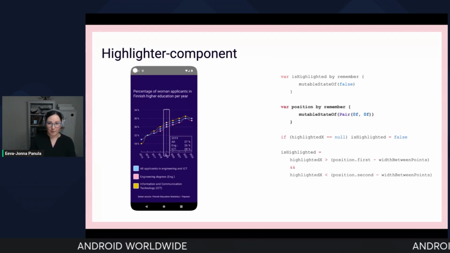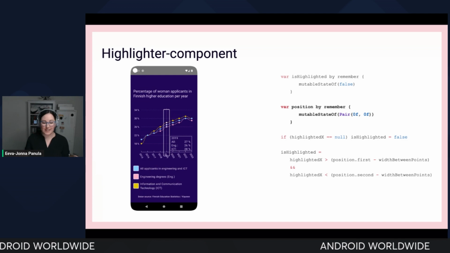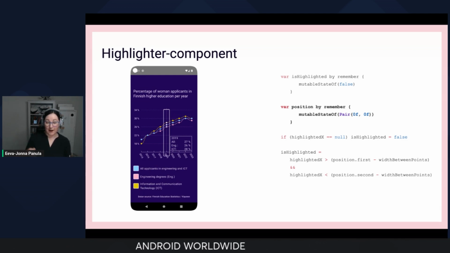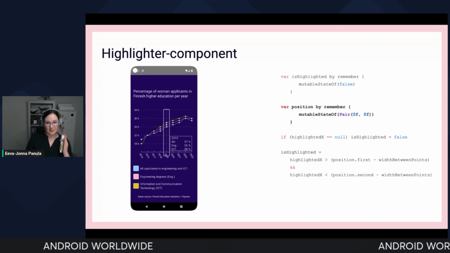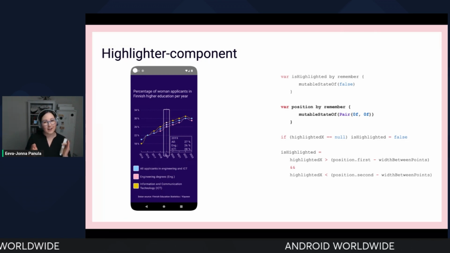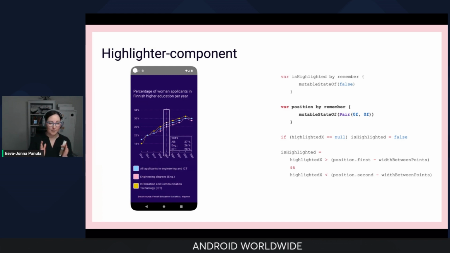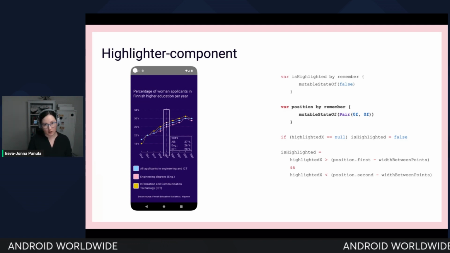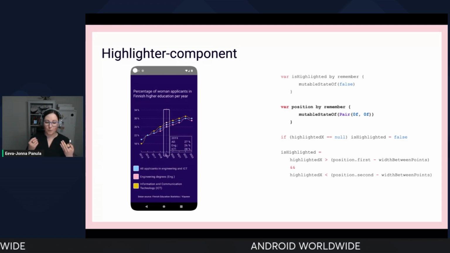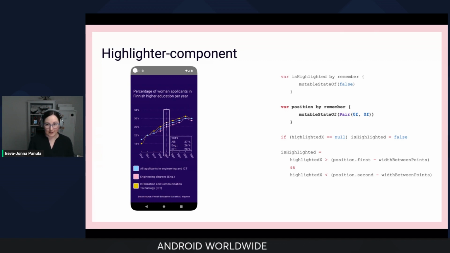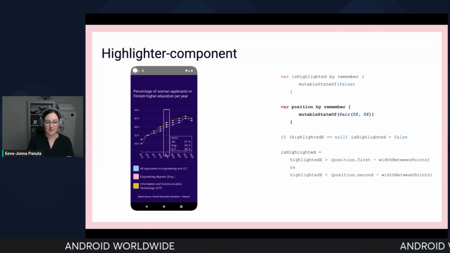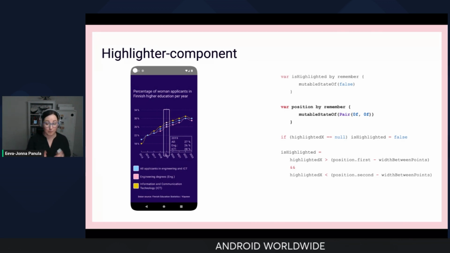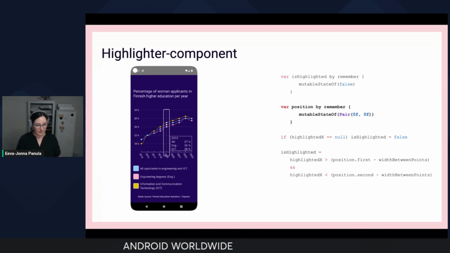Then another piece of information we need is the position. And here we have a pair of two values, and that's basically the start edge and end edge of this year highlighter. And that's something that we are going to use in the calculations. The default value is just 0 and 0. I'm gonna show in a bit how we are actually defining it, but that's something that we are using in the calculations.